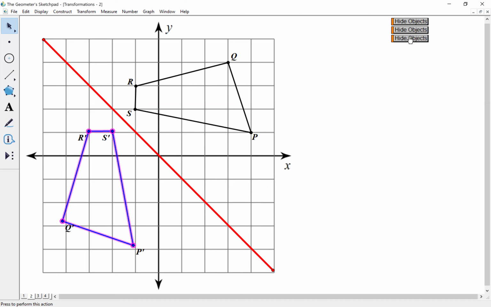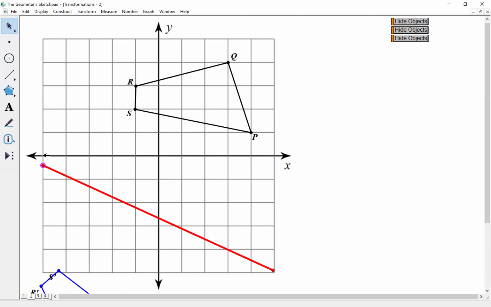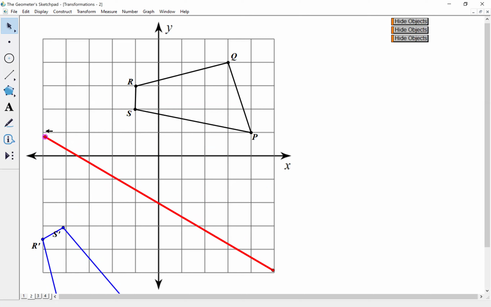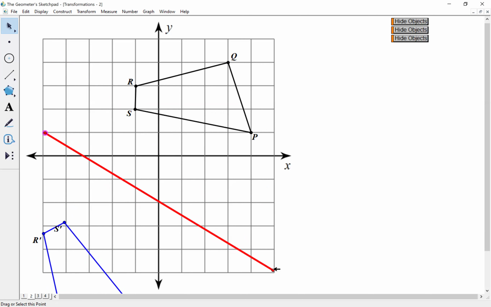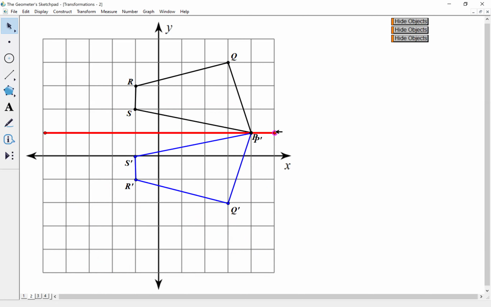Now, this is how we're going to do the mirror. Because here, obviously, I have my figure that overlaps. What are we going to do when my mirror line is horizontal? How are we going to do this? Well, we're just going to count spaces.